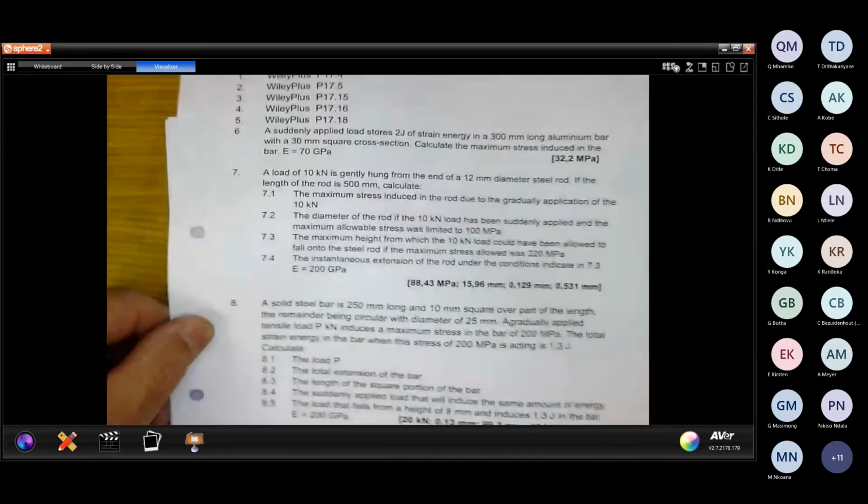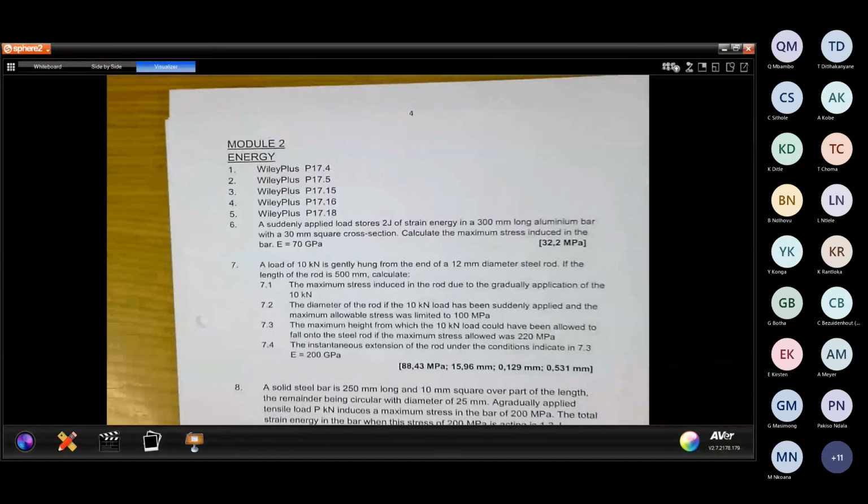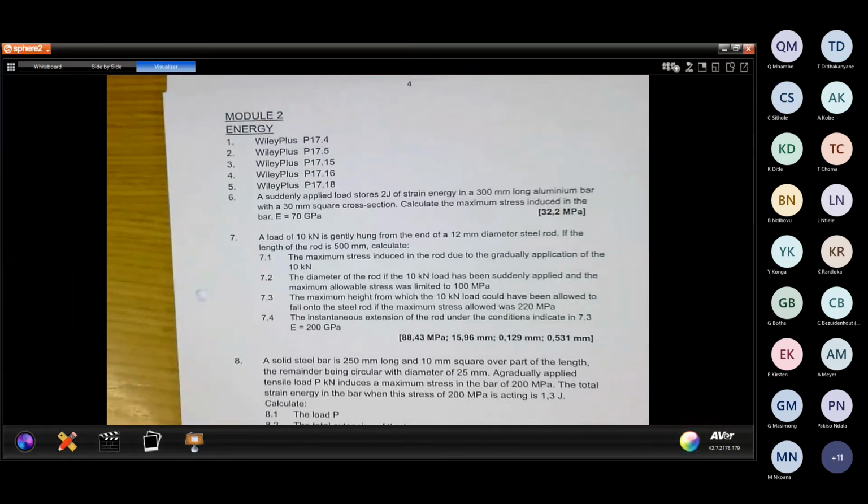Then 7.3, now you want the maximum height from which that 10 kilonewton load would have to fall down onto that steel rod if the maximum stress is not more than 220. Right.